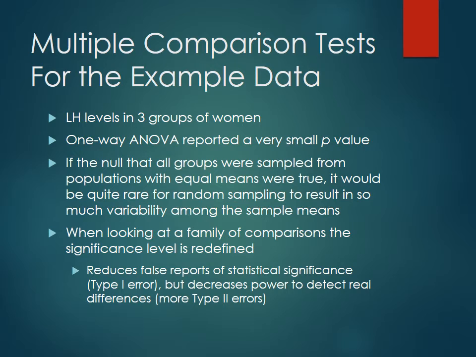But when you're looking at the family of comparisons, you have to redefine what your significance level is going to be. Similar to the Bonferroni correction, you're changing the p-value you have to hit in order to achieve significance. This is to avoid the multiple comparisons problem. You decrease your chance of getting a type 1 error, which is a false positive.